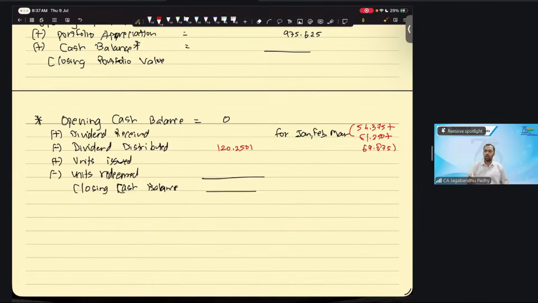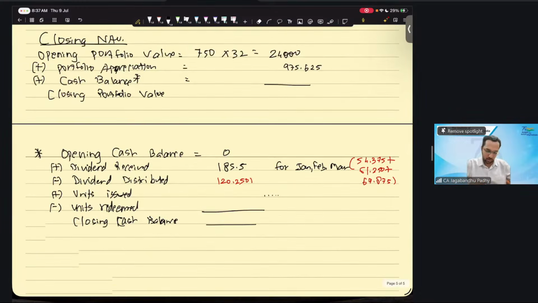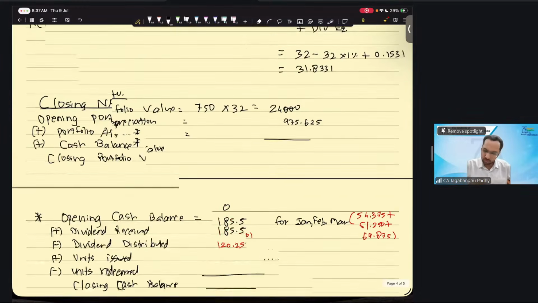So the total income that you have received, how much is it total? 54.375 plus 61.250 plus 69.875. Total is 185.5.